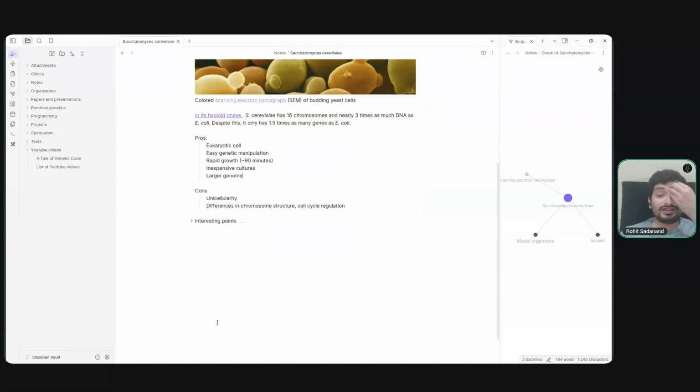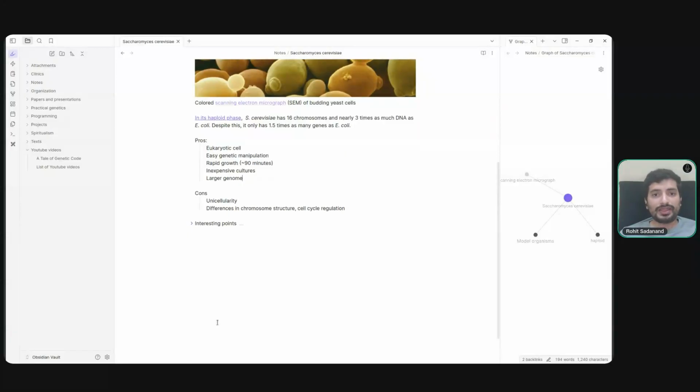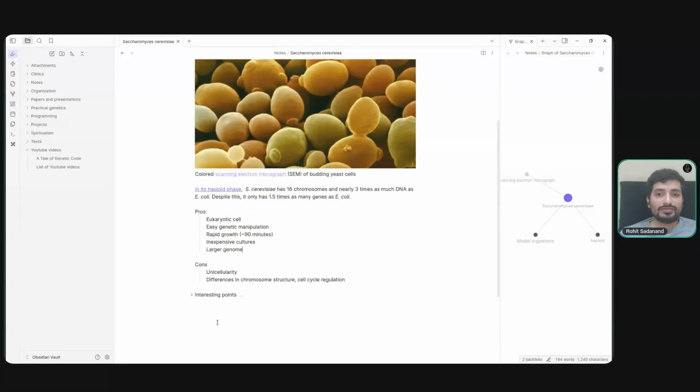And while unicellularity can be viewed as a good point as well, because it makes it easy to do a lot of things, you cannot study tissue level organization and inter-organ communication kind of things with something that is inherently unicellular, right?